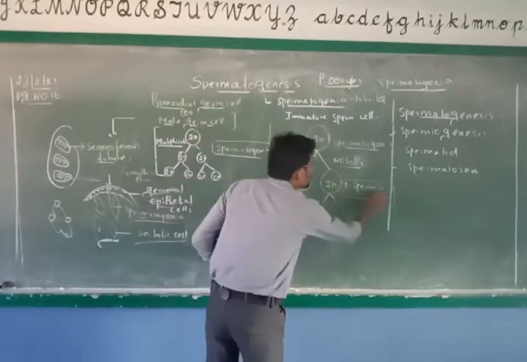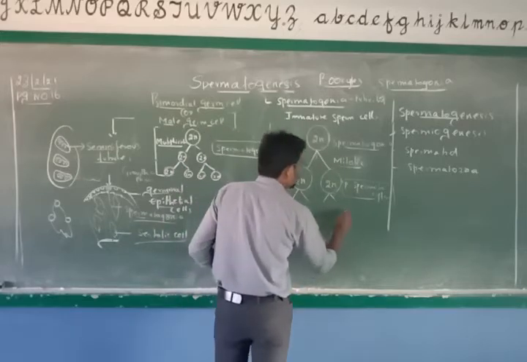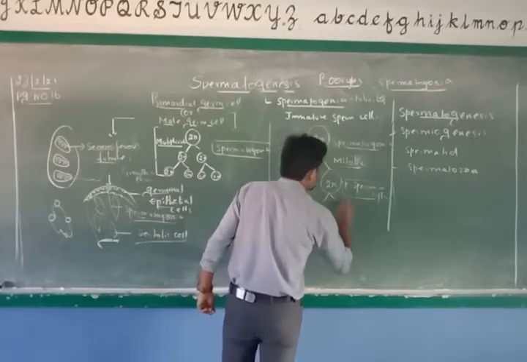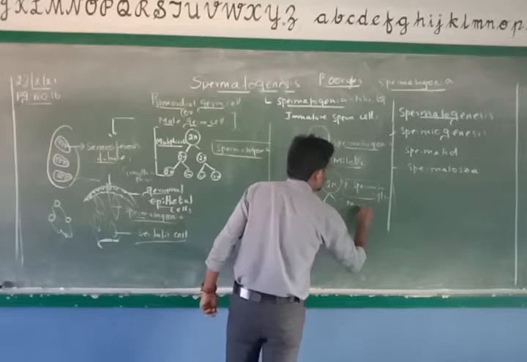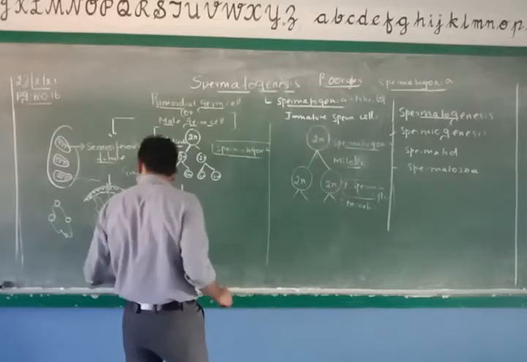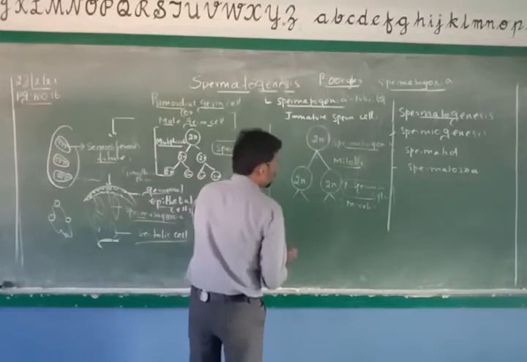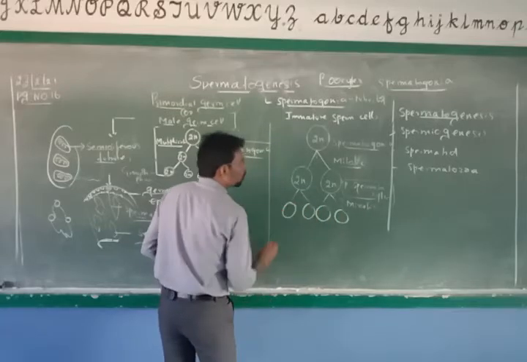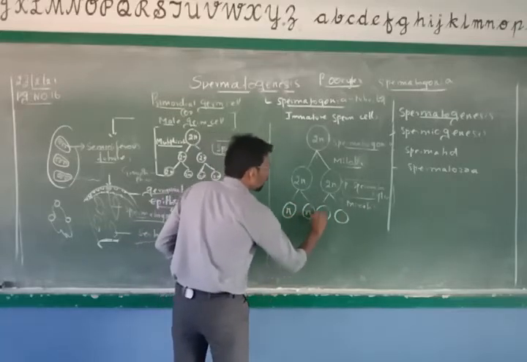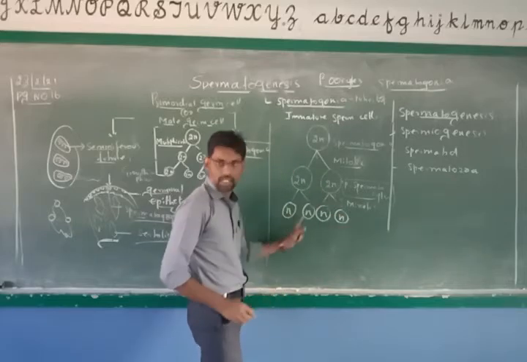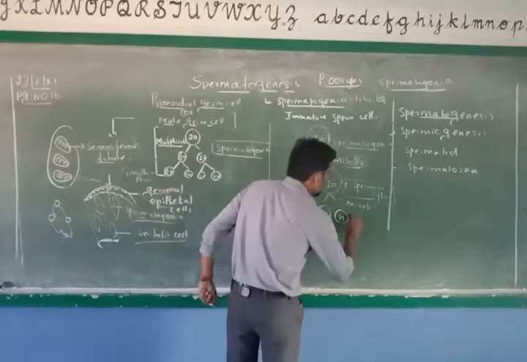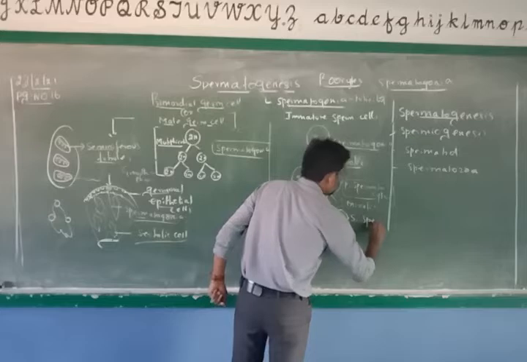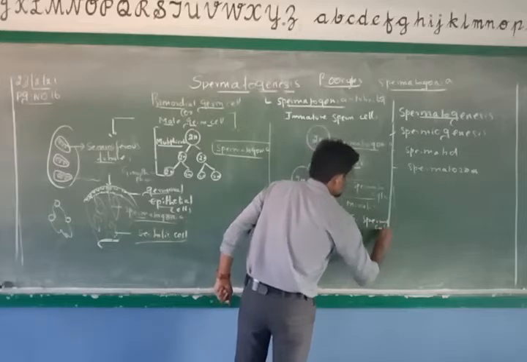So this primary spermatocyte will again undergo a reduction division called the first meiotic division, and this forms another, that means, you take this 4 so that you can understand. So you got 4 haploid, because of reduction division, haploid secondary spermatocytes.